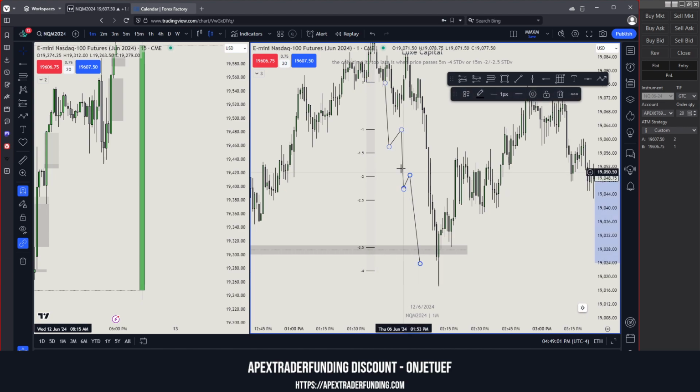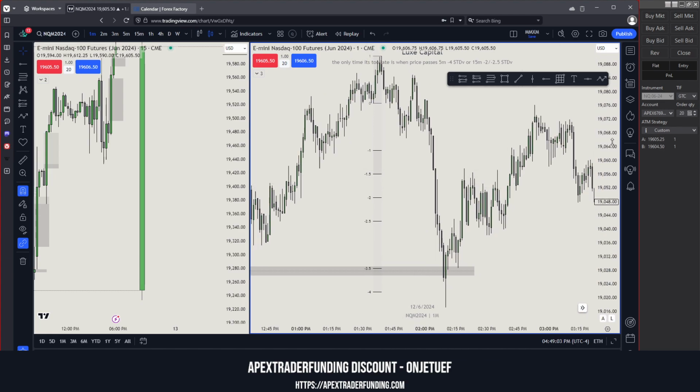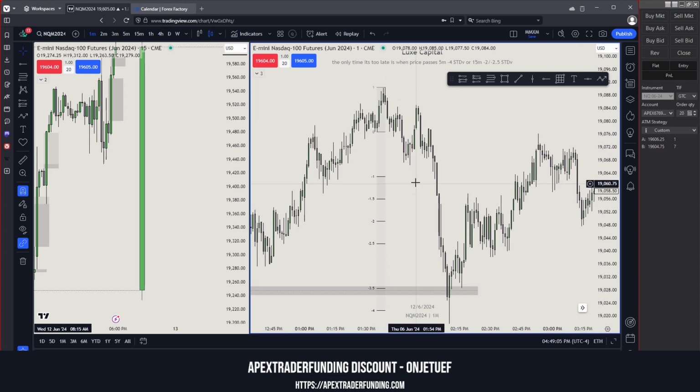So that is how you can use that in market maker models. Again, what you really want to make sure you're looking for is that it's not just any manipulation leg. Just because it's the last leg before a move down doesn't necessarily mean anything. You need to change the state of delivery to confirm that that was manipulation.